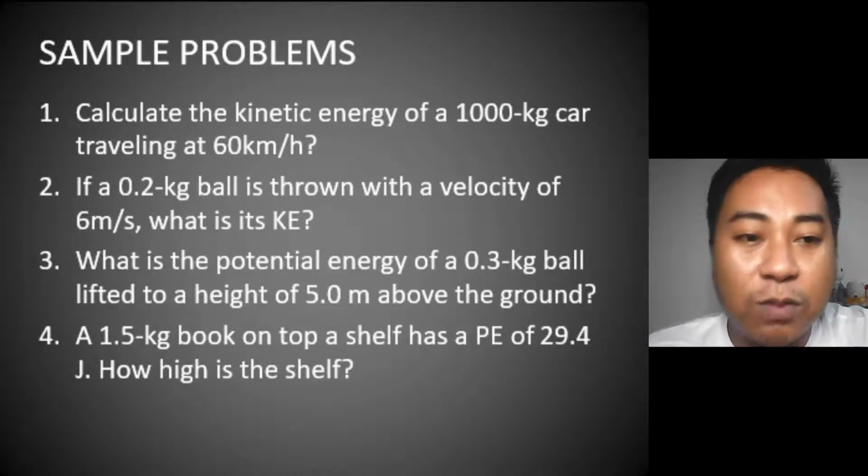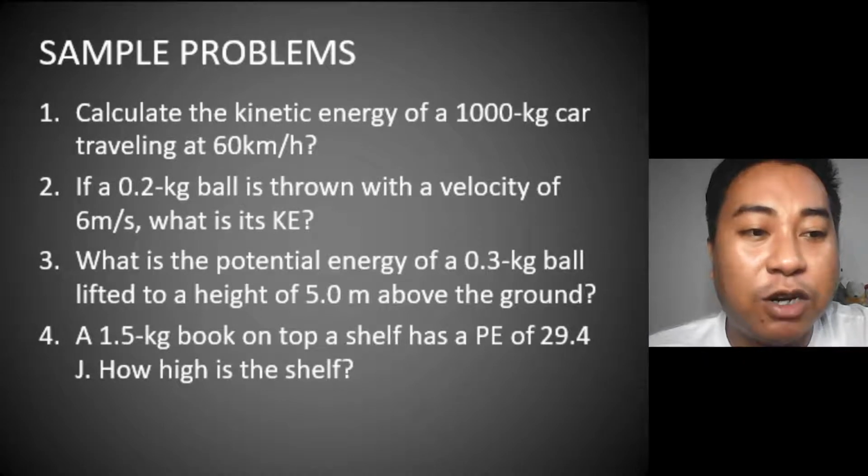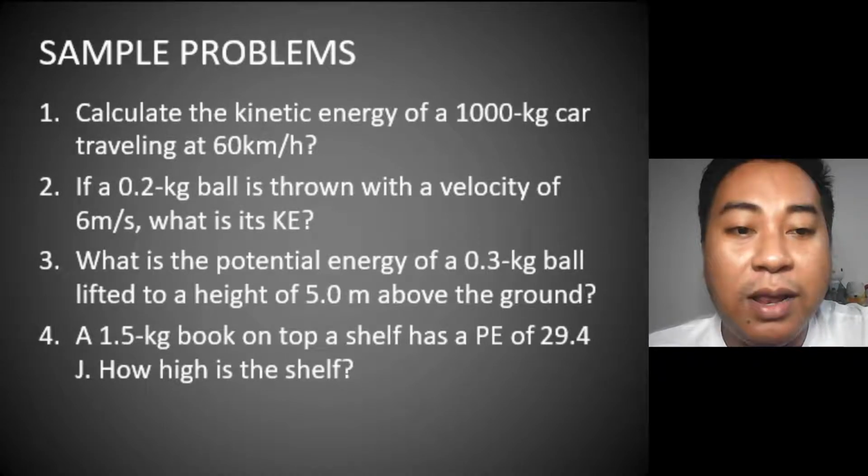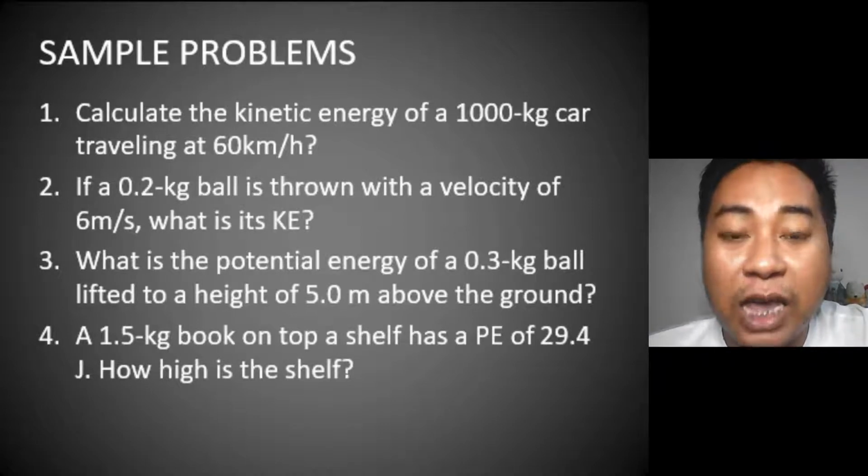The next one, what is the potential energy of a 0.3 kilogram ball lifted to a height of 5 meters above the ground? And the last one, a 1.5 kilogram book on top of a shelf has potential energy of 29.4 joules. How high is the shelf?